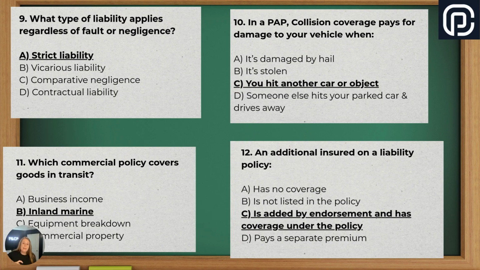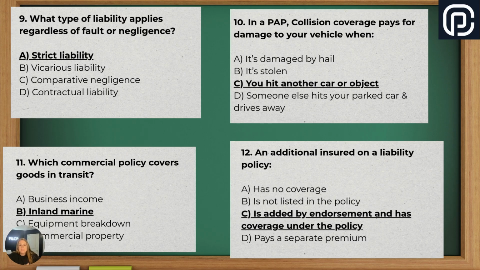While it's on site, it might be covered under the property coverage, but when it's moving to the next job site, while it's in transit, it would need an inland marine to follow it wherever the property goes. So again, if you think inland, think on land, it's following the property wherever it goes, as long as it's on land.